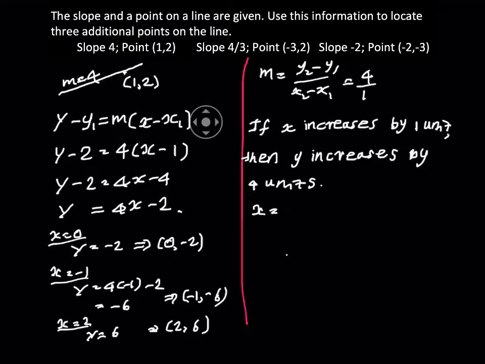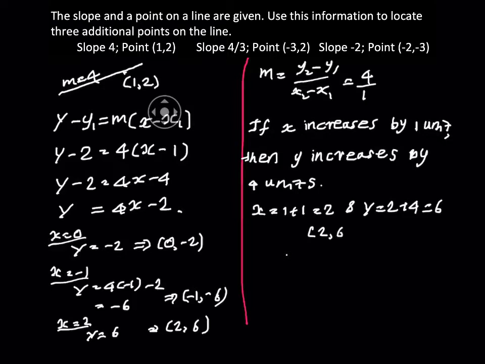First one, we have x equals 1. So 1 plus 1 unit equals 2, and y equals 2 plus 4, because it changed by 4 units, which equals 6. So one point is (2, 6).